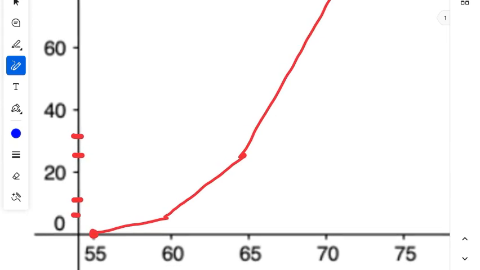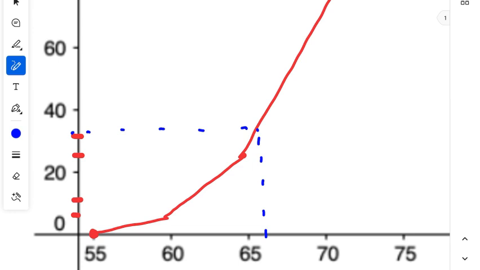So let's go to 66. Would 66 be about right here? So we're going to start at the x-axis, go to 66. So we're going to go up. About what percentile would that be? And we're estimating.